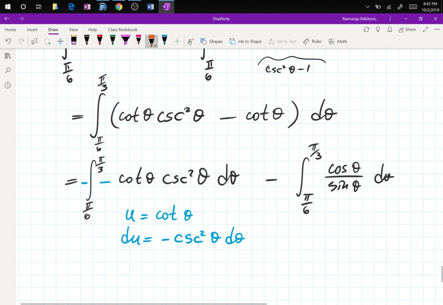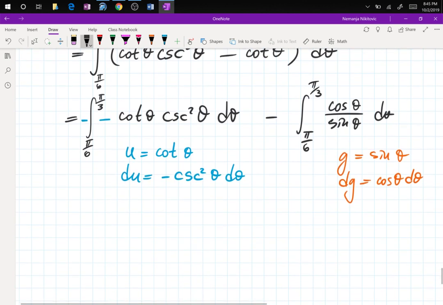Now in orange, on the other side over here, u equals sine theta. No, lies. Can't use u because u is cotangent. We use g. So g is sine of theta, and then dg is cosine theta d theta.